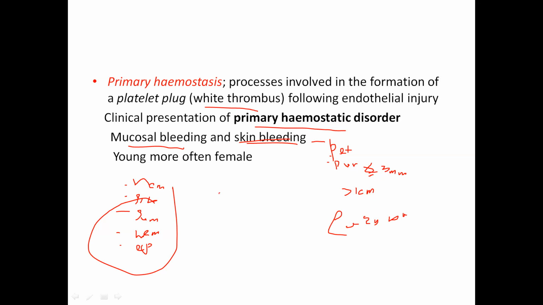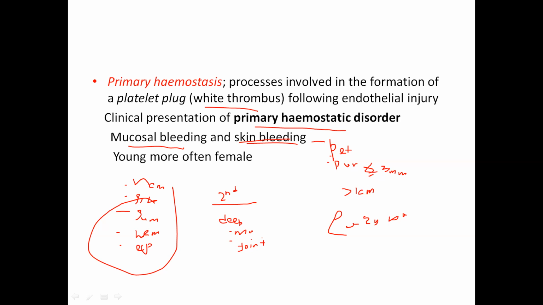If the patient has a secondary hemostatic disorder, the patient presents with deep tissue bleeding, like bleeding into the muscle, as well as bleeding into the joints. The term used for bleeding into the joint is hemarthrosis, and also other deep tissue bleeding like post-surgical or post-dental procedure bleeding, like after tooth extraction.